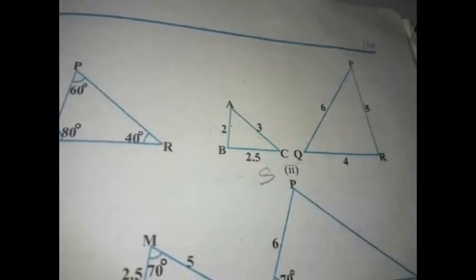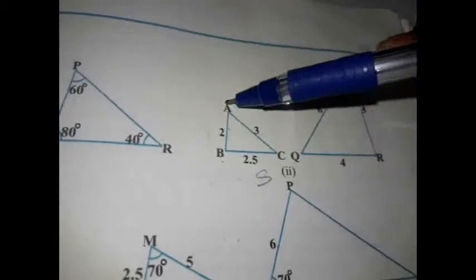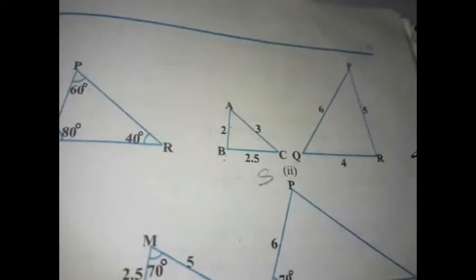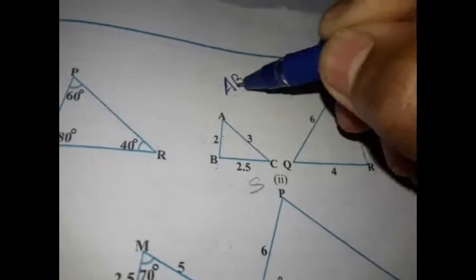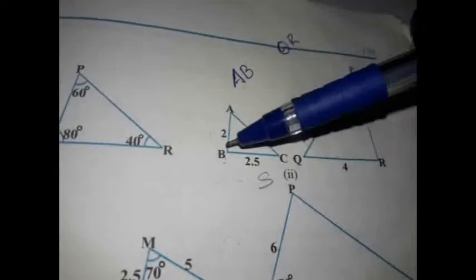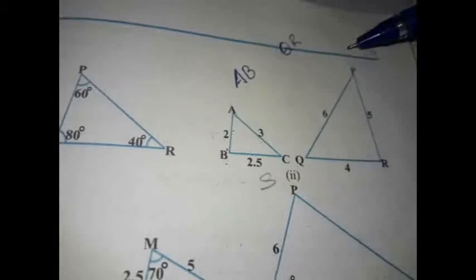Again, the thing here is in what correspondence you should write. If you take side AB, AB corresponds to side QR here, right? So in this triangle, if we write AB, in this triangle we have to write QR. Then BC corresponds to RP here.